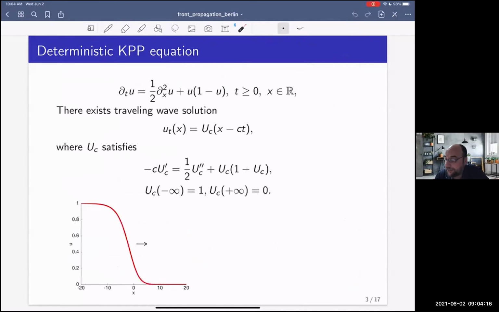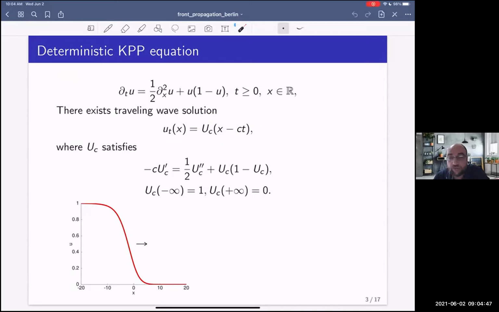Okay, and a few words about the solutions to this equation. There is a special class of solutions which are called traveling wave solutions, and they look like this. u(t,x) can be represented as u_c(x minus ct). This is a traveling wave solution, which in fact is a graph that travels to the right with speed c.